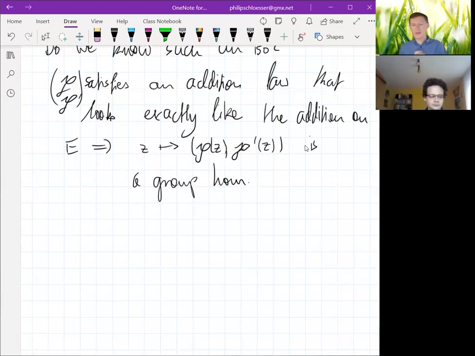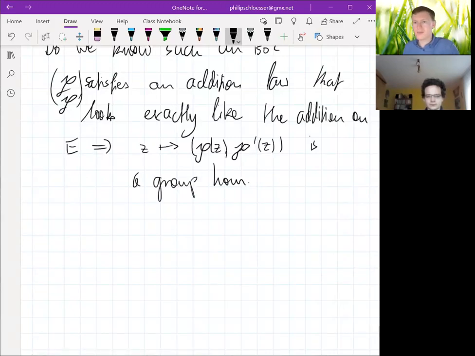And this means that we can sort of play a bit fast and loose here with elliptic functions, because we know that elliptic functions correspond to rational functions on our elliptic curve. So when we can show some equality of rational functions, we automatically have the same with elliptic functions.